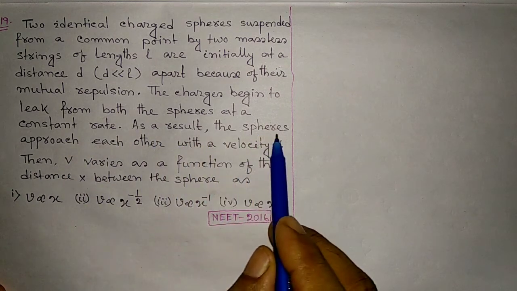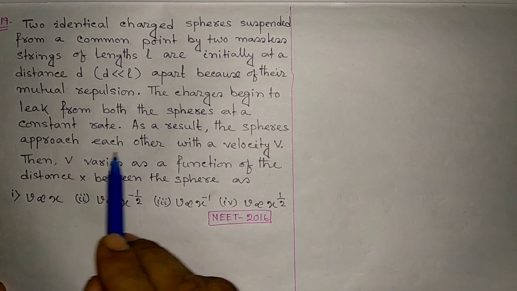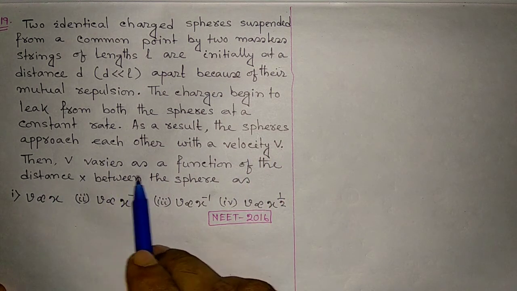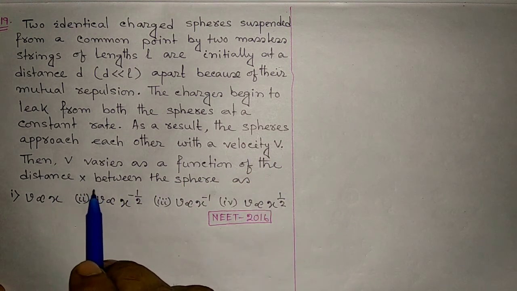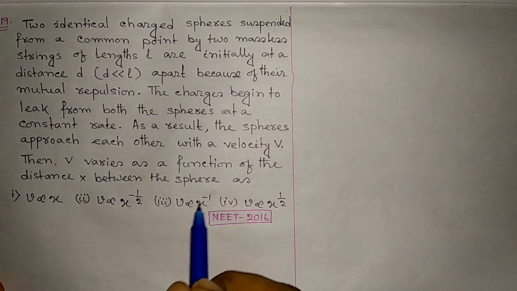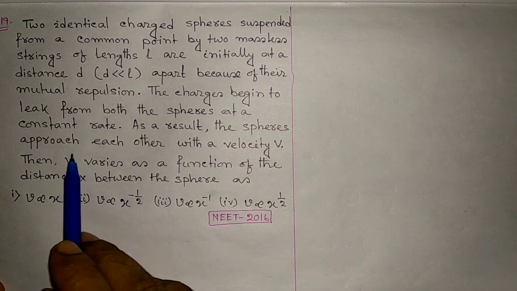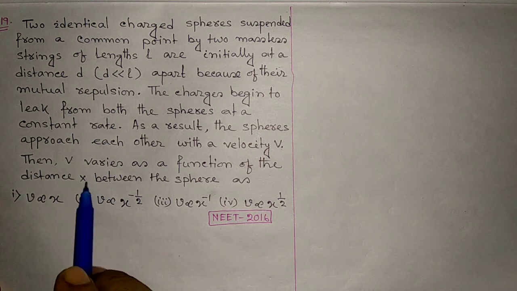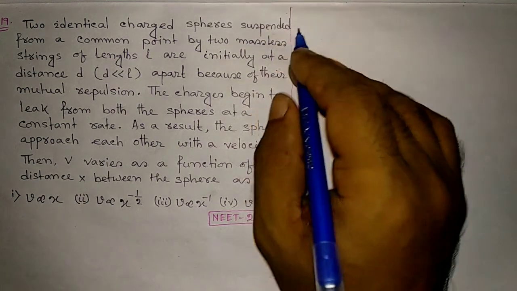As a result, the spheres approach each other with a velocity v. Then v varies as a function of distance x between the spheres as. So we have to find out how the velocity relates with the distance. Let's see the solution.